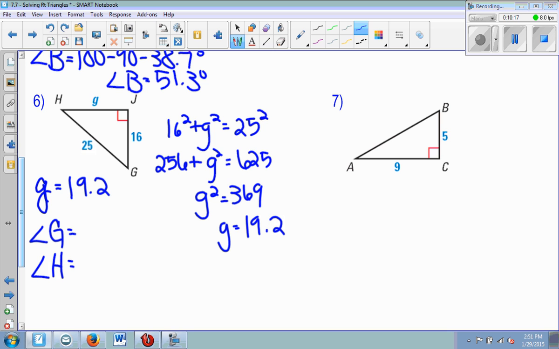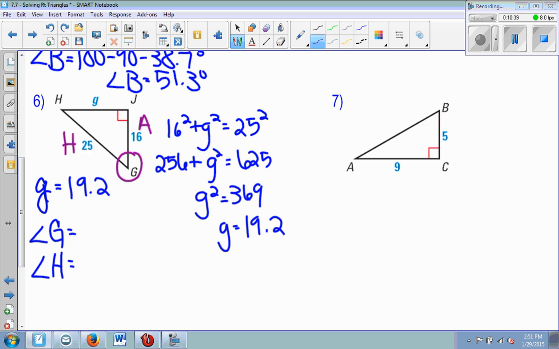To figure out the angles, again, you get to pick which one you want to find. I'm going to pick G because G is earlier in the alphabet than H. That's really the only reason why. So looking at the sides that the problem was labeled with to begin with, the 16 is the adjacent, the 25 is the hypotenuse.